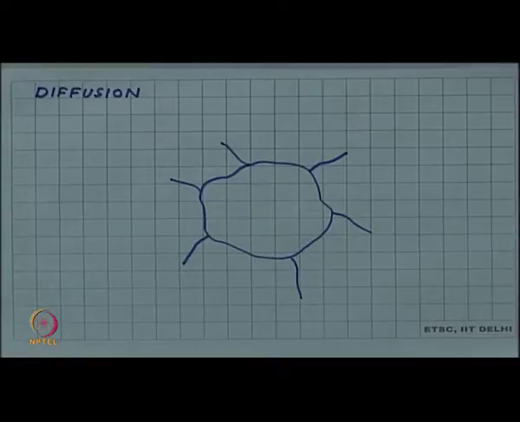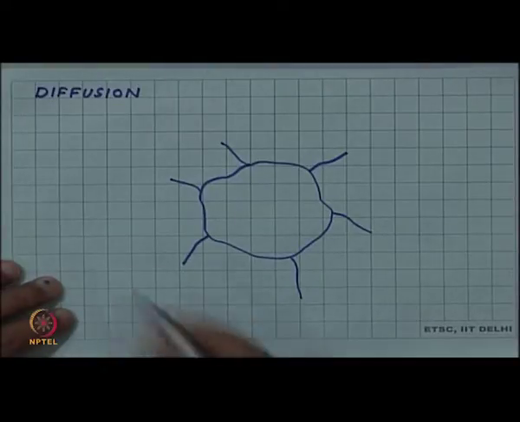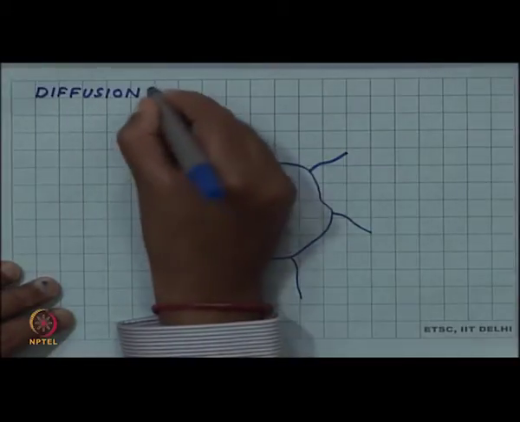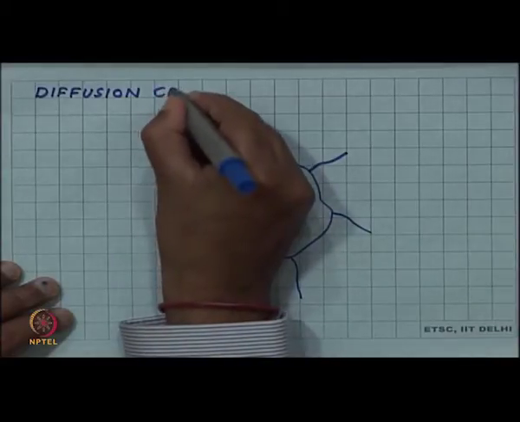Now, a dislocation free mechanism is so called diffusion, sometimes called diffusion creep or diffusion flow.